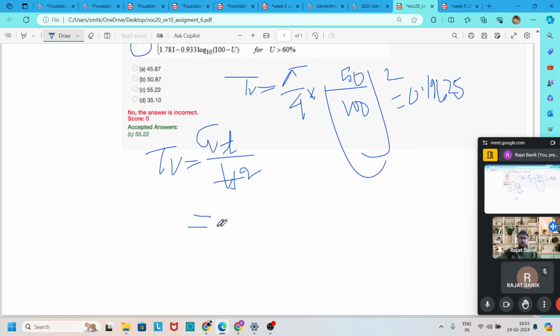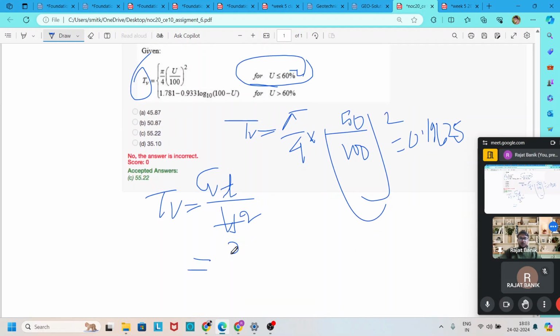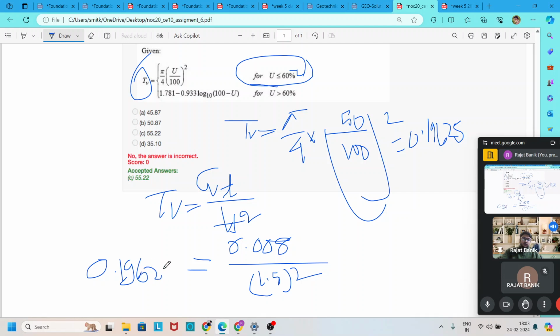So put all these values here. Cv is given already as 0.008, and H is 1.5, whole square. H square is 1.5 whole square, and Tv is calculated as 0.19625. We have to find t in terms of days.